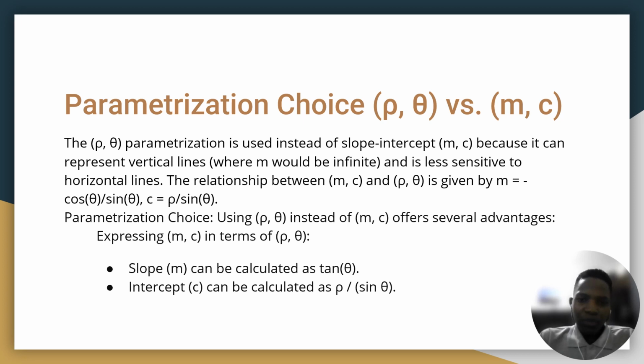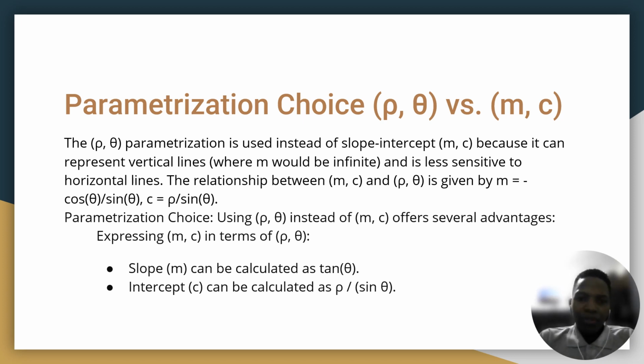The relationship between m, c and p, θ is given by m equal to negative cosine of θ divided by sine of θ, and c is equal to the distance p divided by the sine of θ.